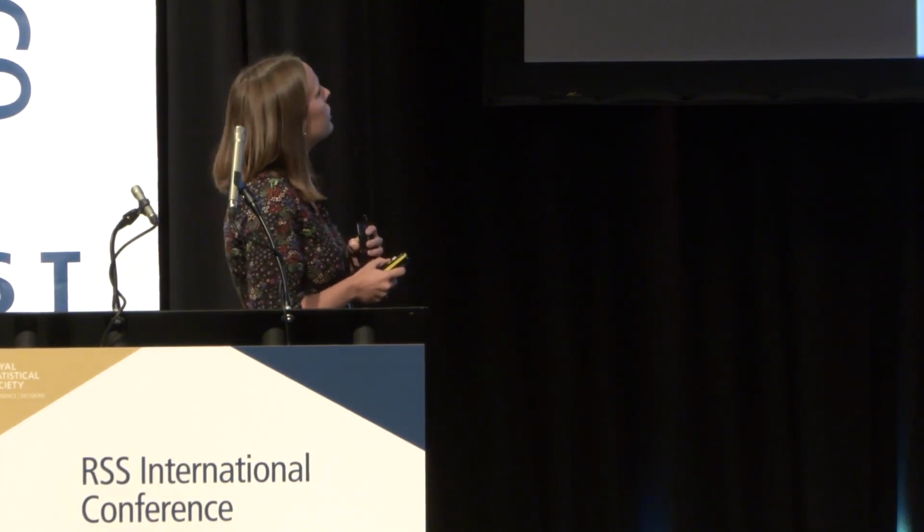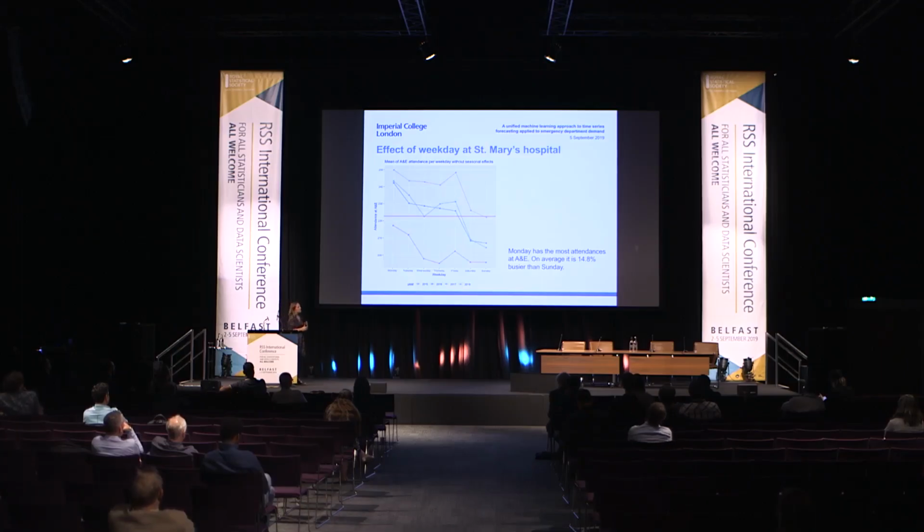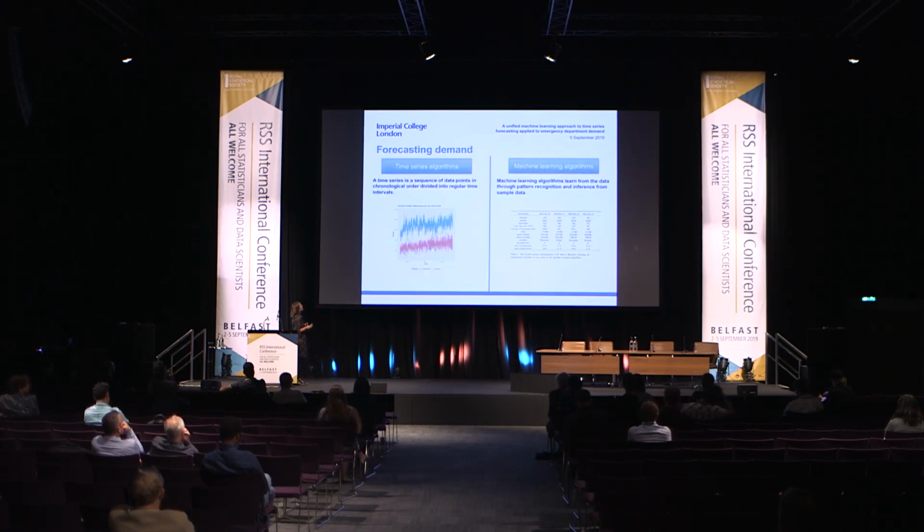Having shown you all these insights, which you can see when looking at the data set, we then obviously want to try and make very accurate predictions of demand for the coming days. And we're choosing two different tools. First of all, we're using time series algorithms.